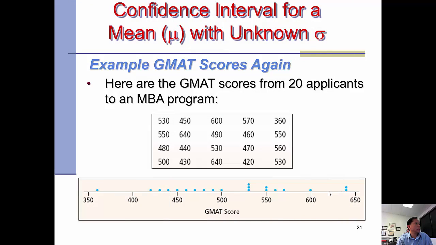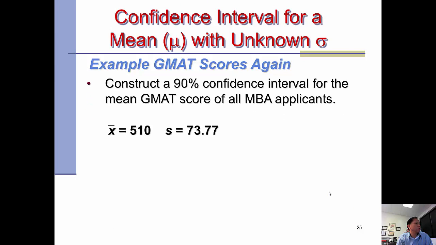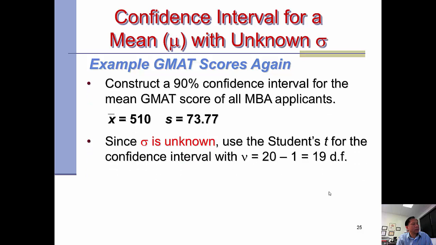Okay? And this is the confidence interval for the mean with unknown sigma, for the same GMAT score. We will construct a 90% confidence interval. The x bar, the average of the sample, is 510, and the standard deviation is 73.77. Since sigma is unknown, we use student t for the confidence interval.